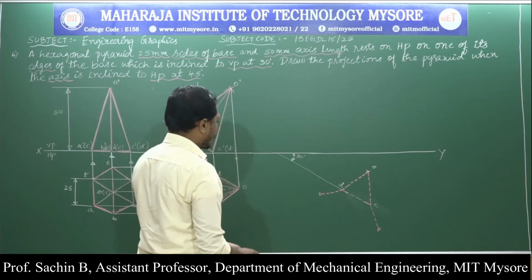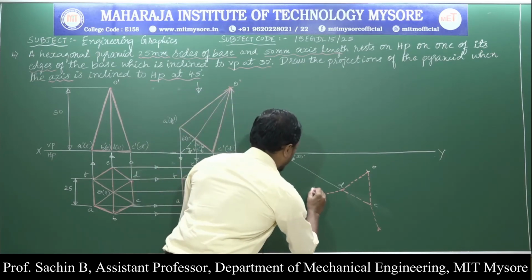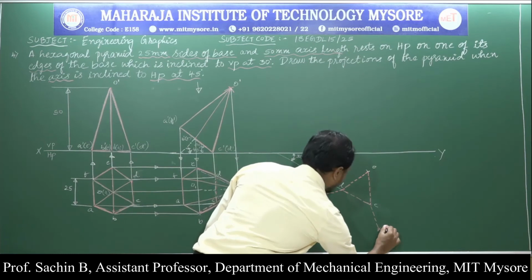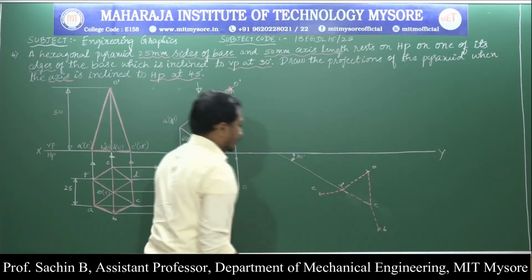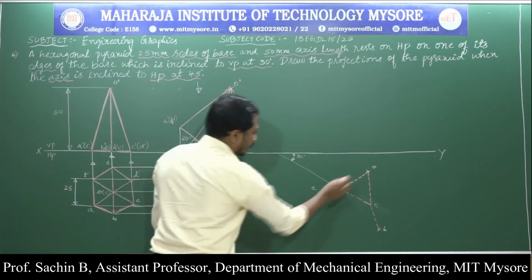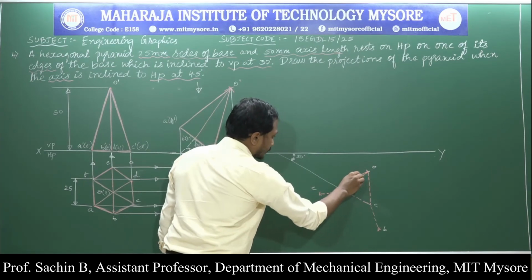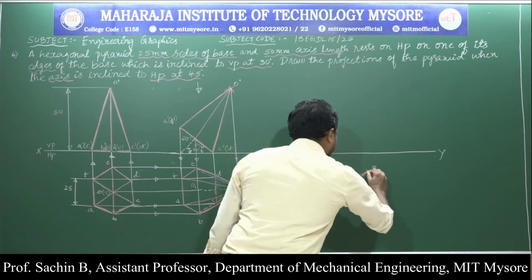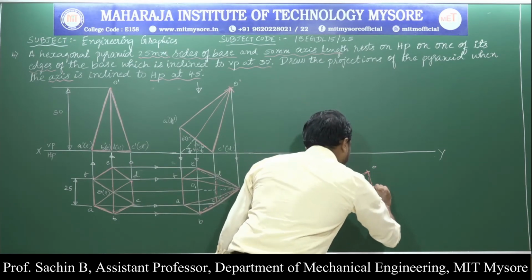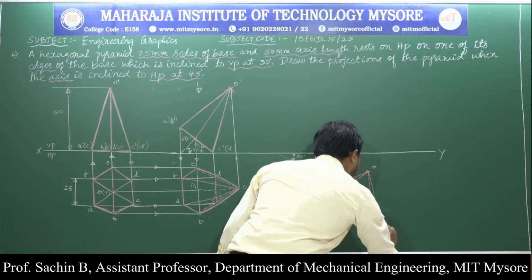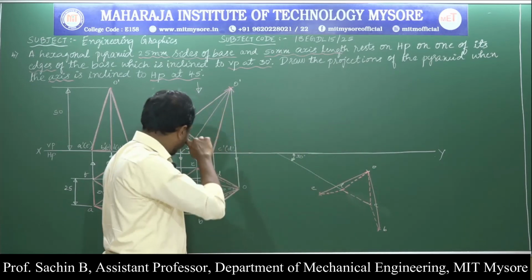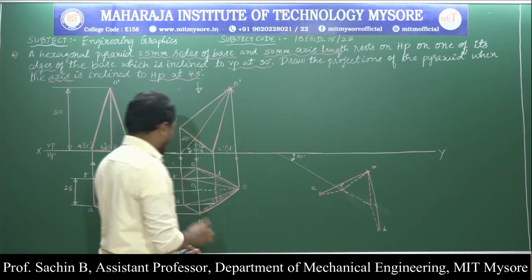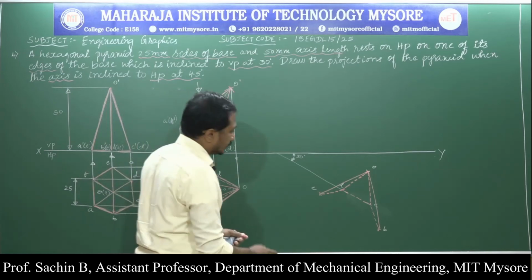Next, this is my E point, this is the B point. Next I will join it from here till the E point, again from here to here. Next, to get F and A, now it is very easy for us.